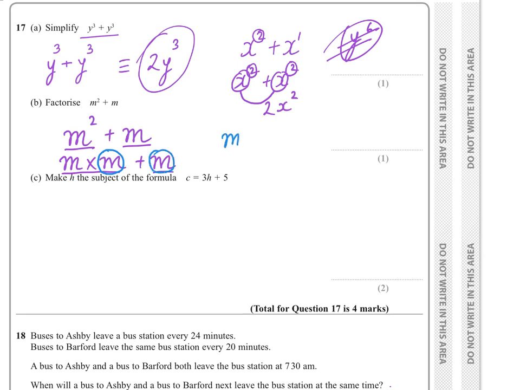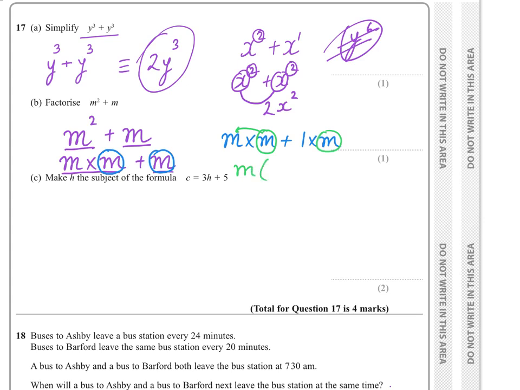Now, if I write this as m times m plus 1 times m, and if we circle the common factors, don't forget I could have circled this one, but I just have to circle one of them to show that it's a factor.